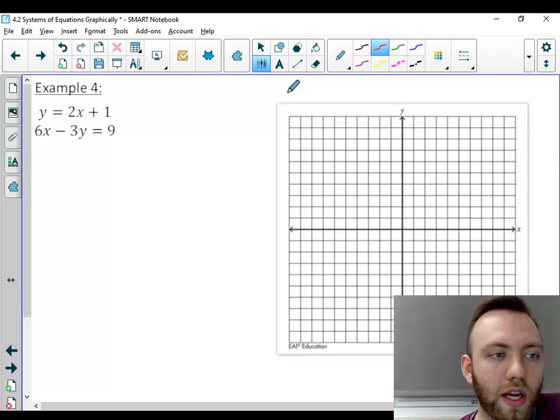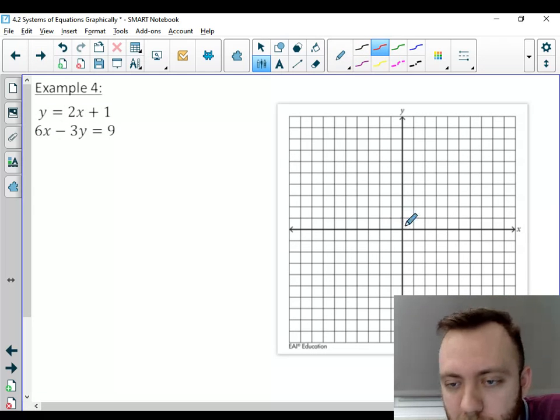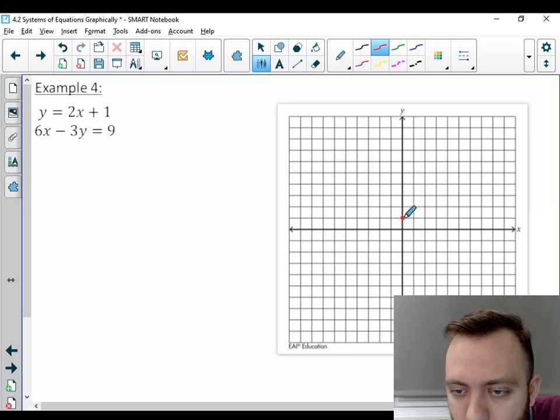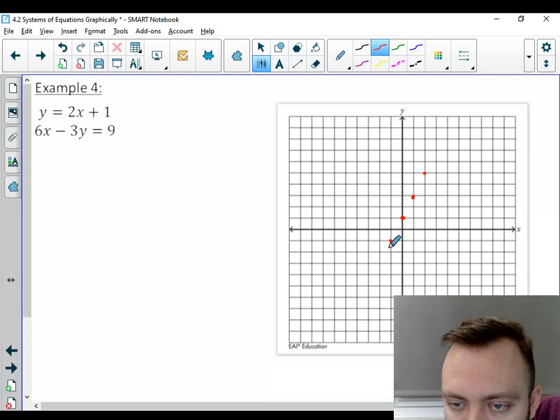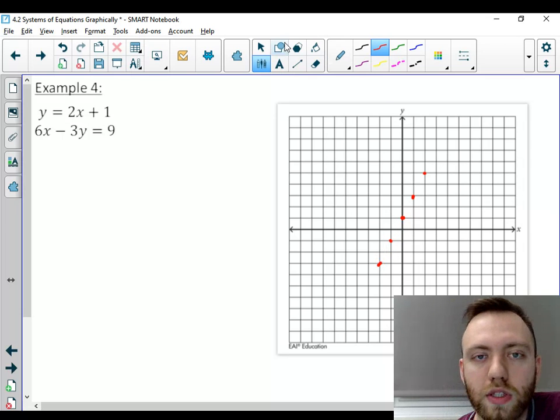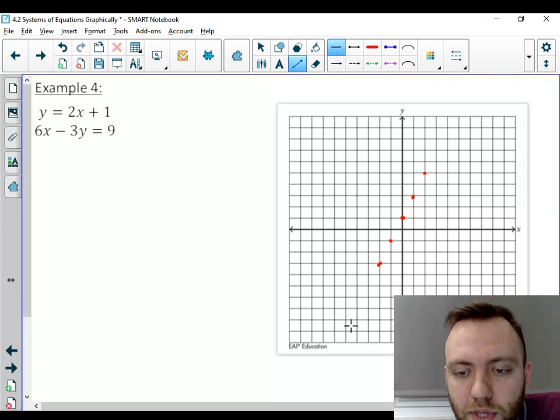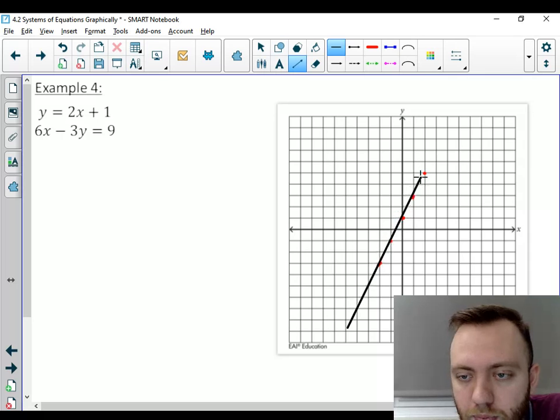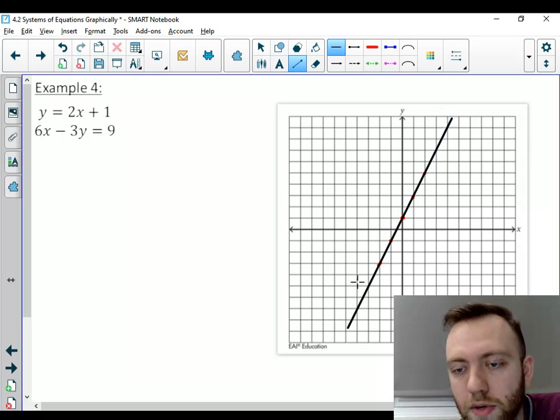Last example here. We have y equals 2x plus 1. That's the same one we just had. We're up at 1 and then a slope of 2. I will do my best to get that line. I did a pretty good job on that one.